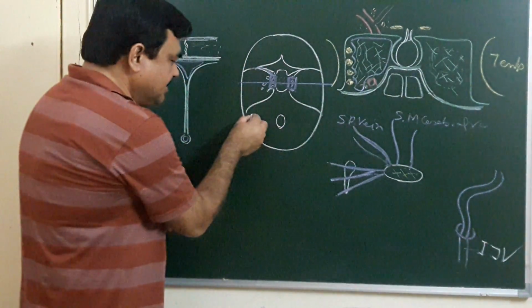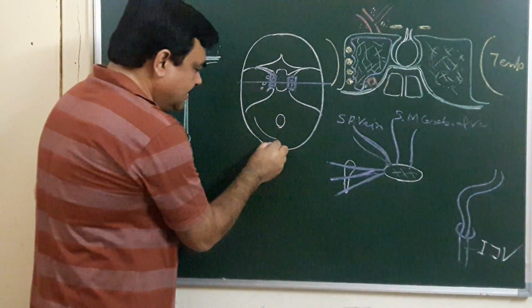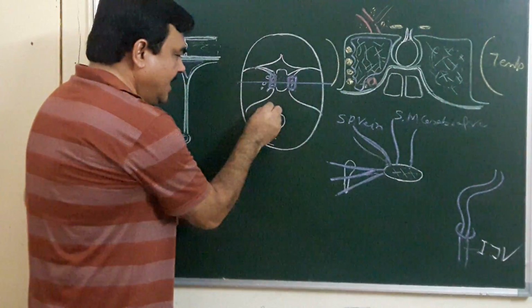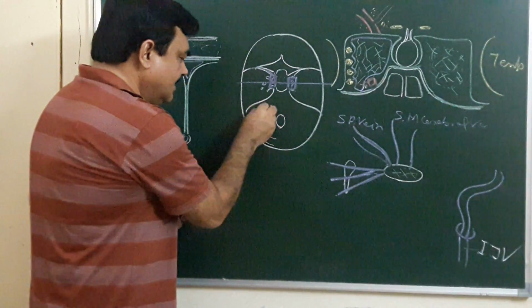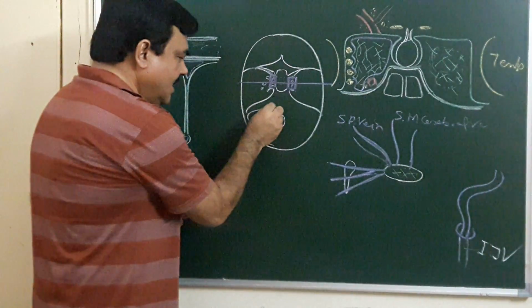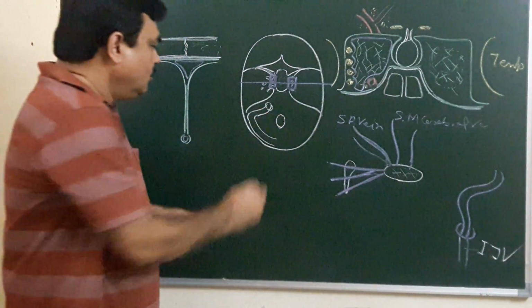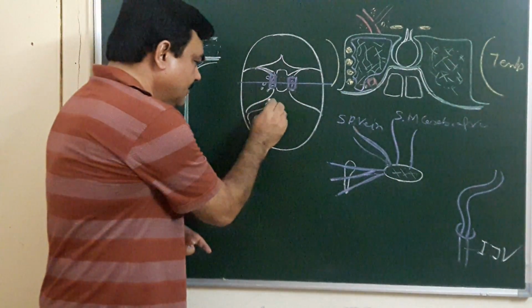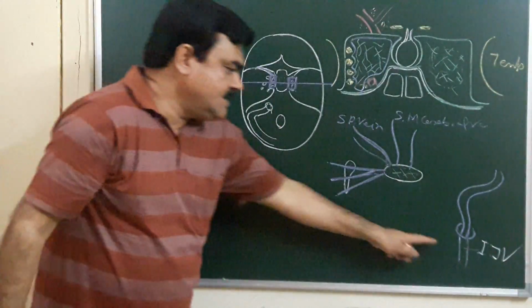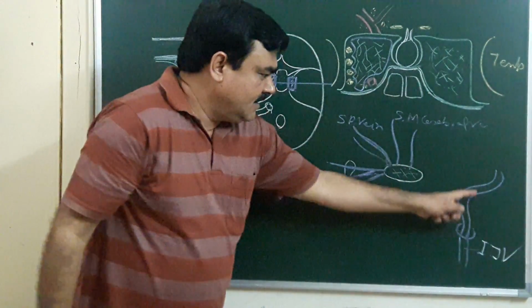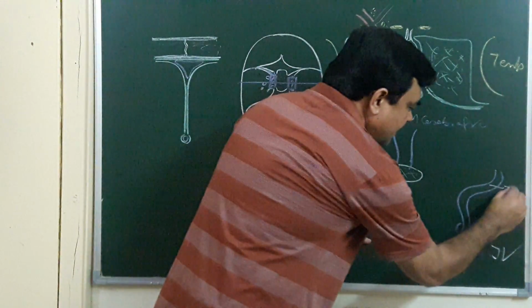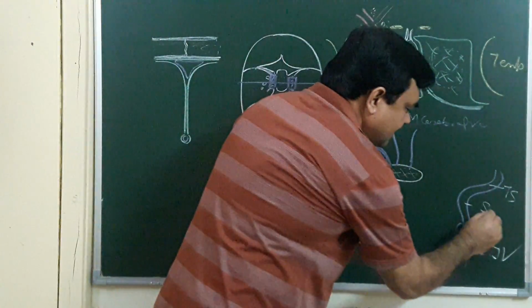Here is the position of the transverse sinus, and here is the sigmoid sinus, continuing through the jugular foramen as the internal jugular vein.